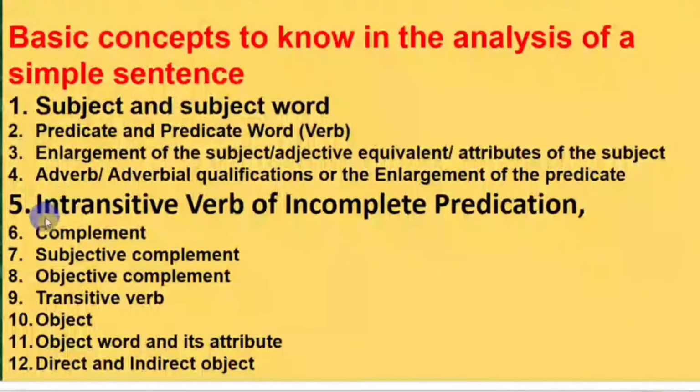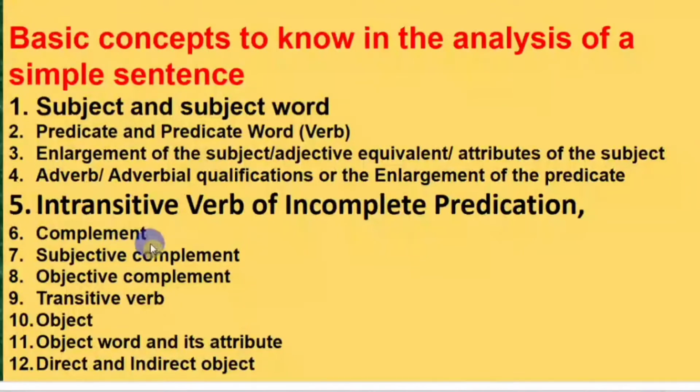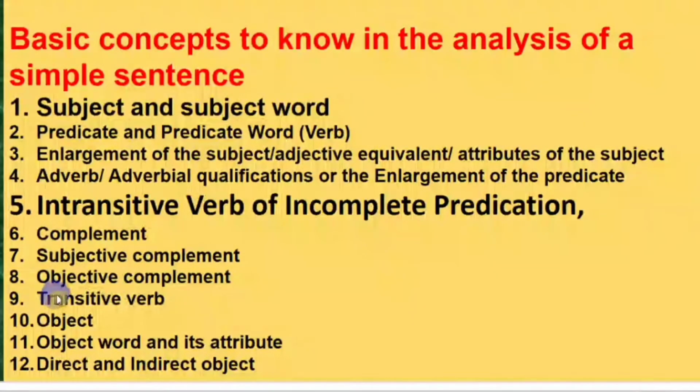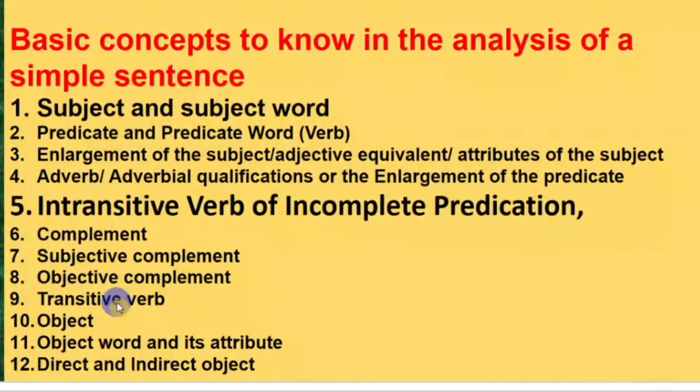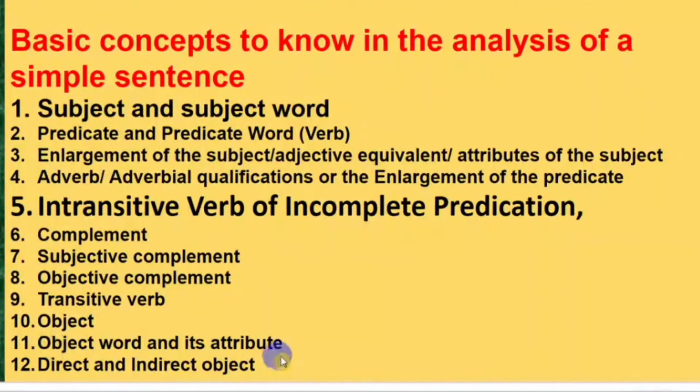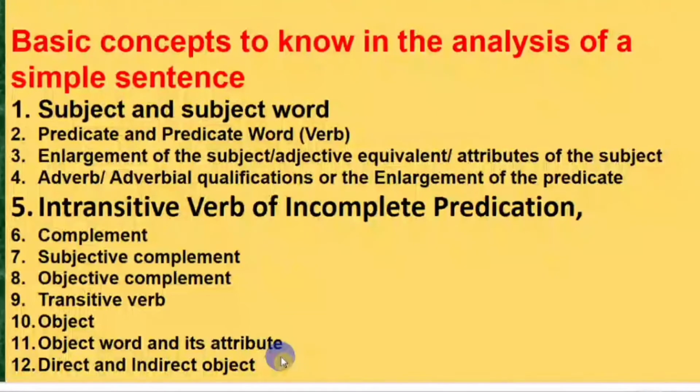Number five, intransitive verb of incomplete predication. Number six, complement. Number seven, subjective complement. Number eight, objective complement. Number nine, transitive verb. Number 10, object. Number 11, object word and its attributes. And also number 12, direct and indirect object.